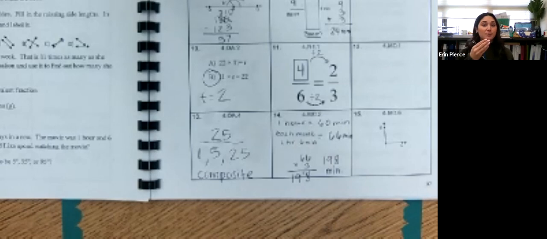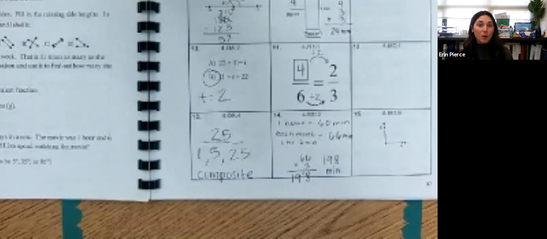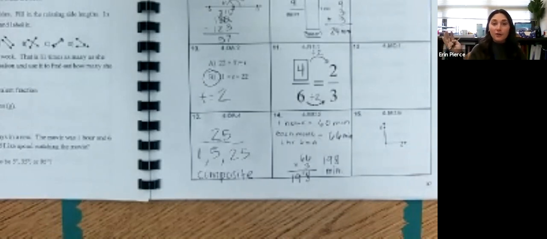I would have taken responses like, the only factors for 13 are 1 and 13. 13 is only multiplied by 1. It only has 2 factors, something along those lines. Or you could just say 1 times 13 equals 13. Nothing else would multiply to 13. I would take any of those types of answers, okay?